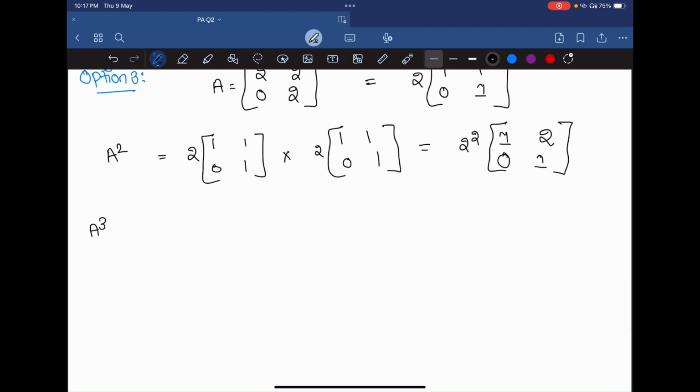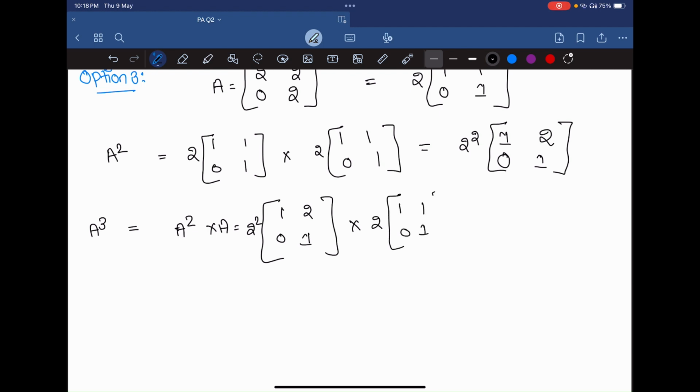Now if we try to find A cube, then A cube I can write as A square times A. So we have already found A square, that is 2 square times [1, 2; 0, 1]. And our A is 2 times [1, 1; 0, 1]. So again, these scalars 2 square and 2 will get multiplied, and will give us 2 cube in front of the matrix.